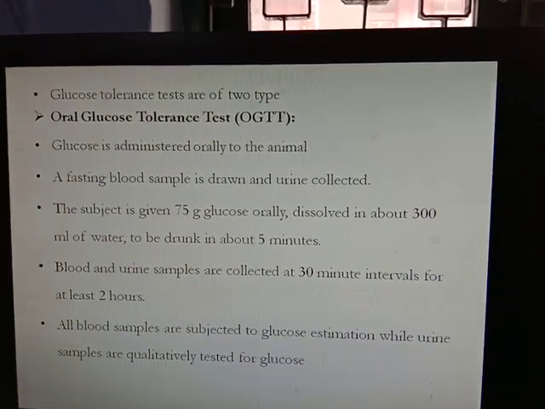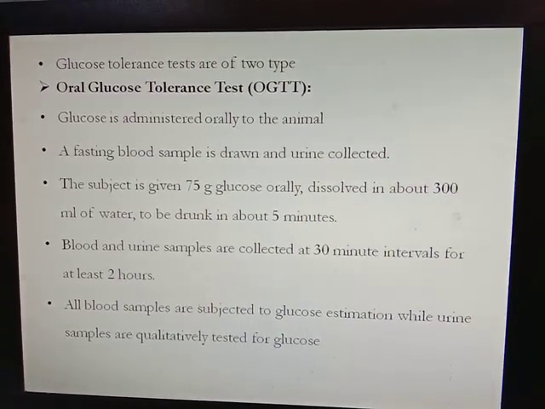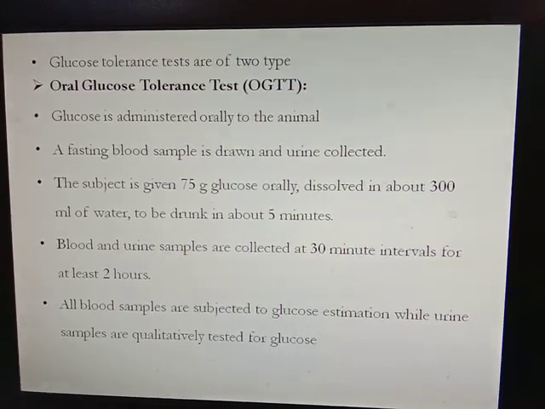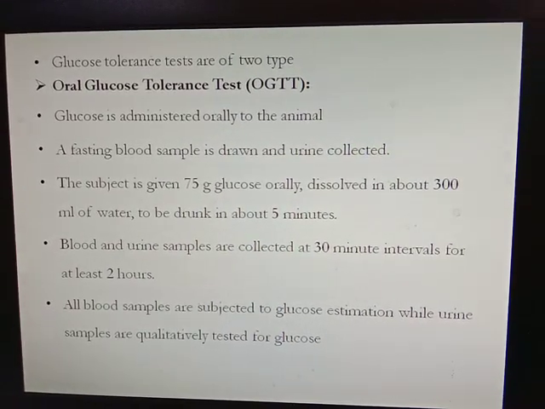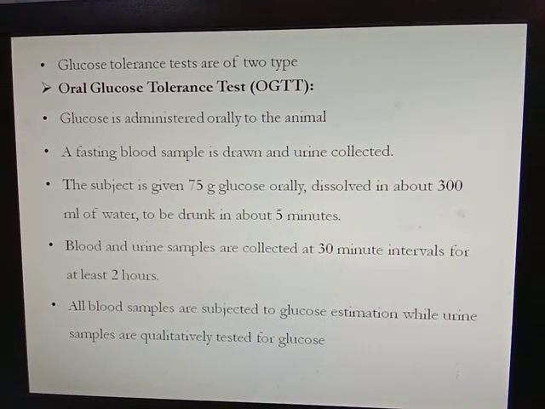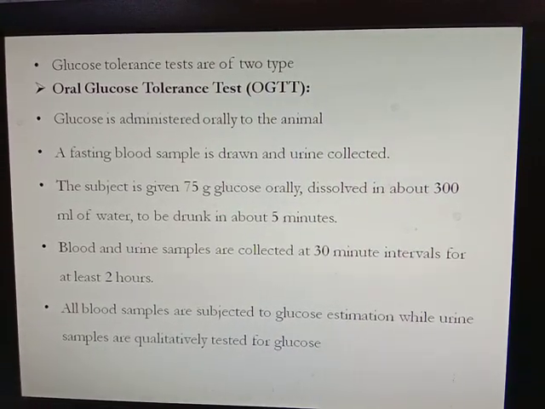So glucose tolerance tests are of 2 types. One is the oral glucose tolerance test, also called OGTT. In this test glucose is administered orally to the animal. Before administration of glucose, a fasting blood sample is withdrawn and urine is collected to determine the concentration of glucose.